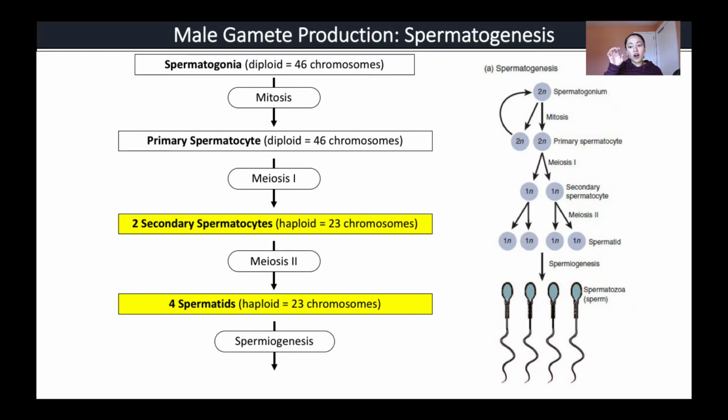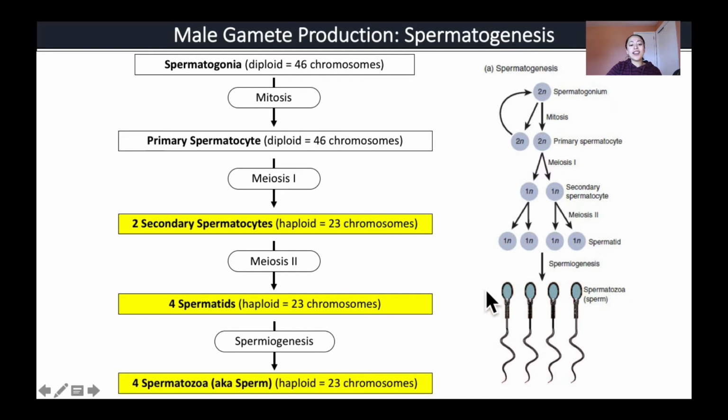Spermatids are very similar to sperm, except that they do not have their tails yet. So the process in which they grow their tails and undergo some other morphological changes is called spermiogenesis. Spermiogenesis of the spermatids results in 4 spermatozoa, also known as sperm. Each one is haploid and each one now has a tail and can make its way to the epididymis, where it will further mature for a couple of days.